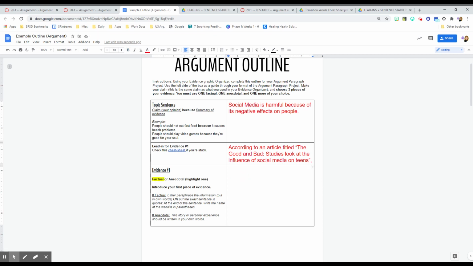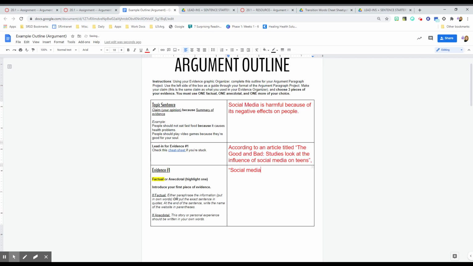Because it is factual evidence, it needs to be in quotations because I'm pulling it directly from the article. You can either paraphrase it and put it into your own words, or you can pull this direct quotation. Just make sure if you're doing a direct quotation that you are using those quotation marks. But either way, you need to make sure that you're giving that article the credit.